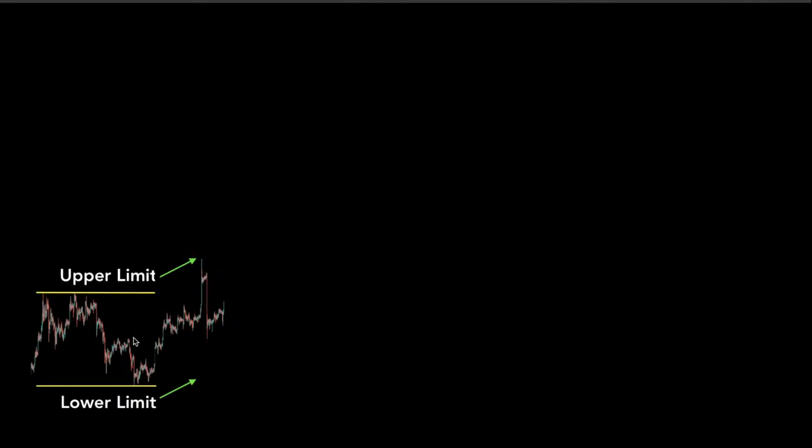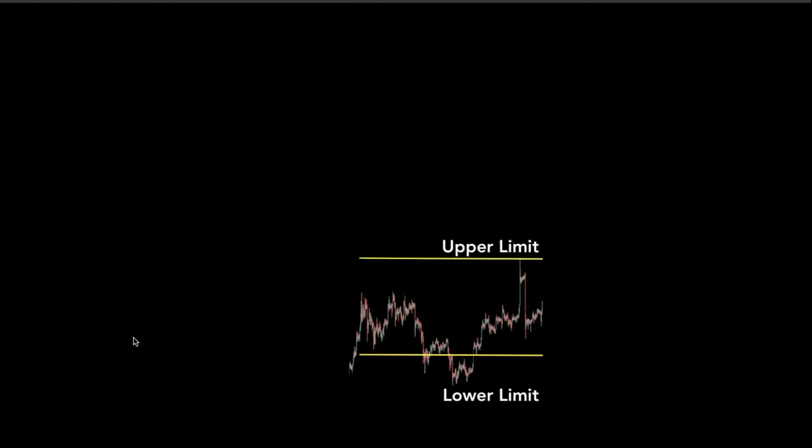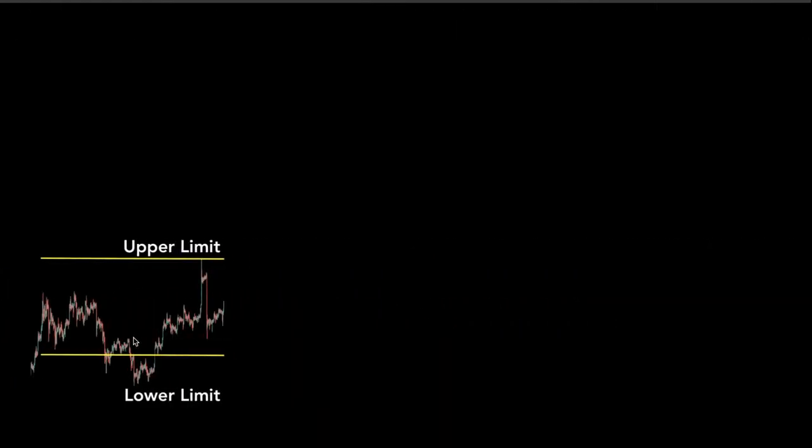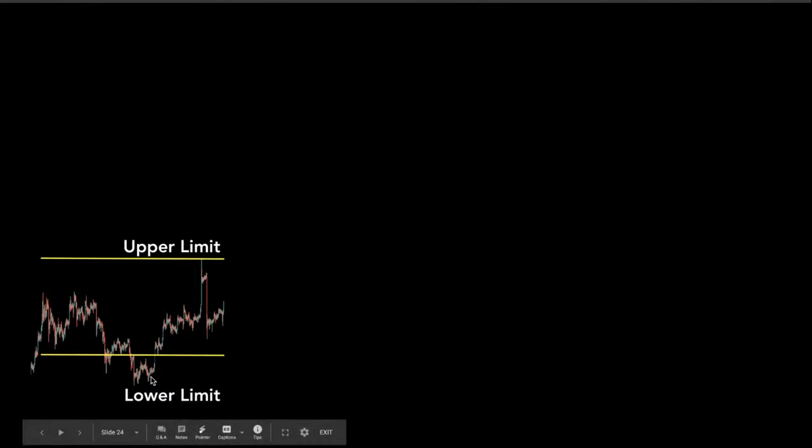So what's going to happen here is that your upper limit price together with the lower limit price, basically your trading range, will follow the price appreciation like this. You see, your upper limit price is now higher, and your lower limit price is also higher.